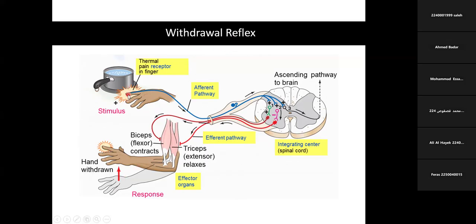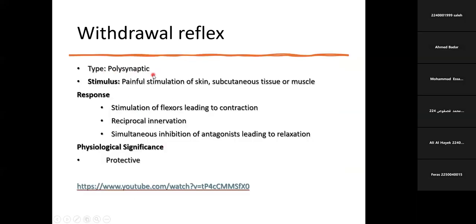So again, when we experience any painful or damaging stimulus, immediately the message is sent, and this message goes to the spinal cord, and this then sends the message to the muscles, which withdraw the hand or the foot from the painful stimulus. This is called withdrawal reflex. It is a polysynaptic reflex.